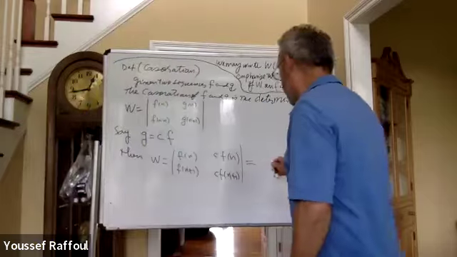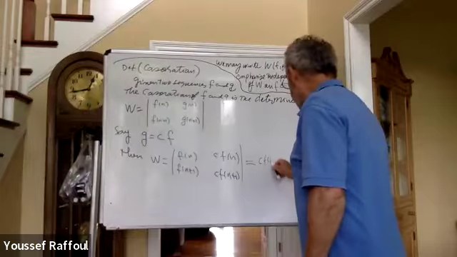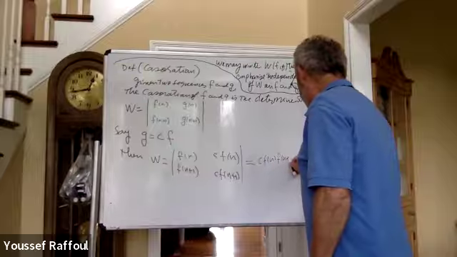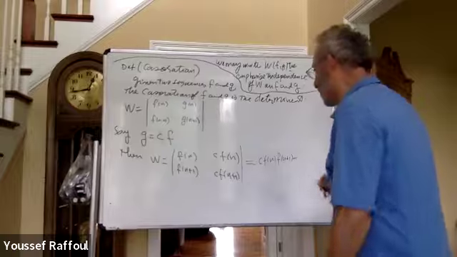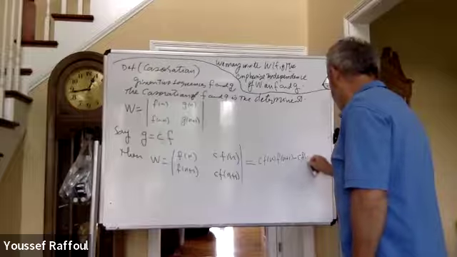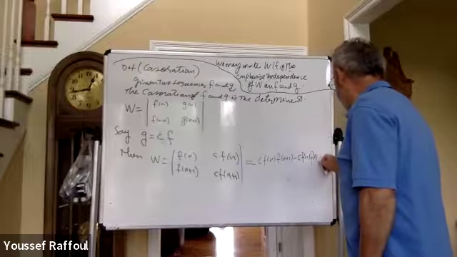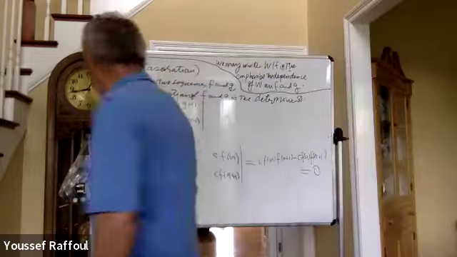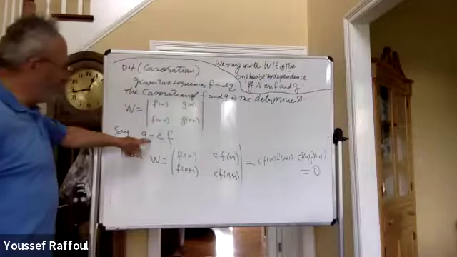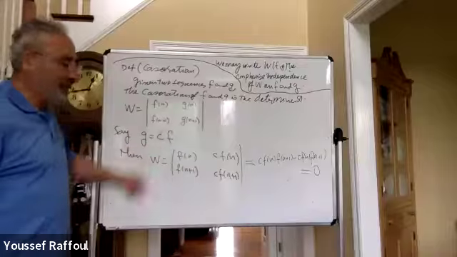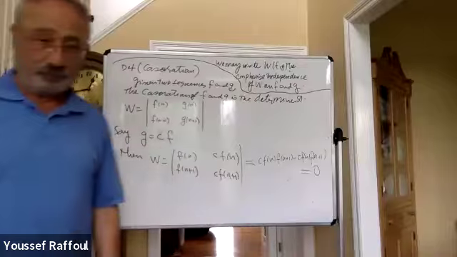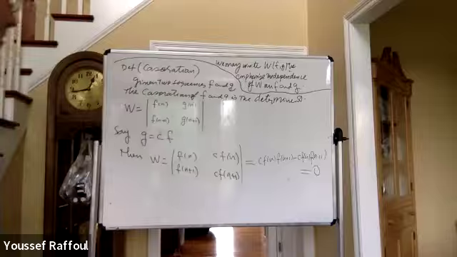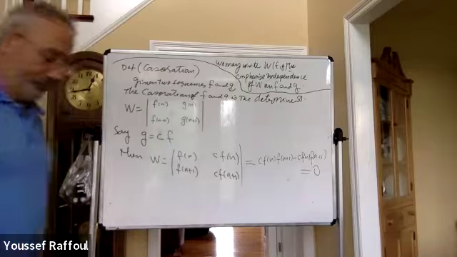You see that this is cf(n+1) minus cf(n+1), and that is equal to 0. So the determinant equals 0, and if g equals cf, that means g and f are linearly dependent. So you can see they are linearly dependent. All right. Any questions?